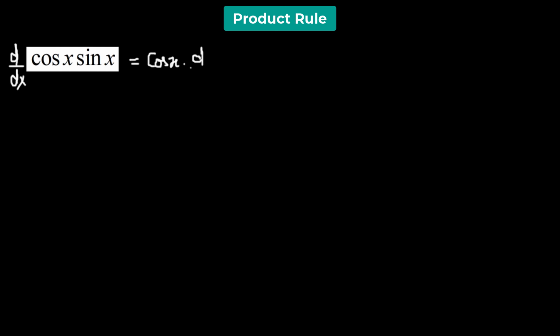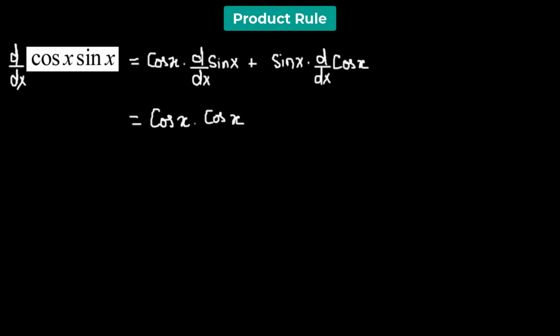So that will be multiplied to the derivative of sine of x plus cosine of x, which will be, we have already considered cosine of x, so we'll consider sine of x, the second function, multiplied to the derivative of cosine of x, which will be equals to cosine of x times, so the derivative of the sine function is cosine of x, plus sine of x multiplied to the derivative of the cosine function, which is negative sine x.